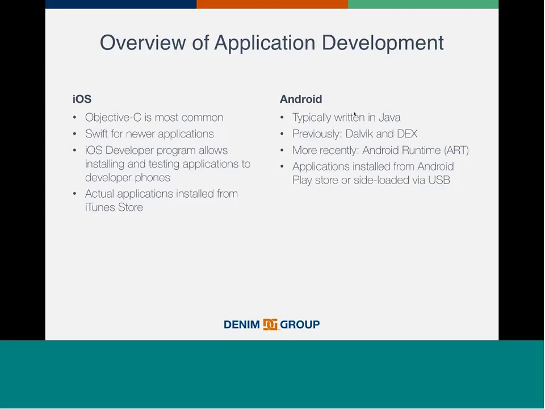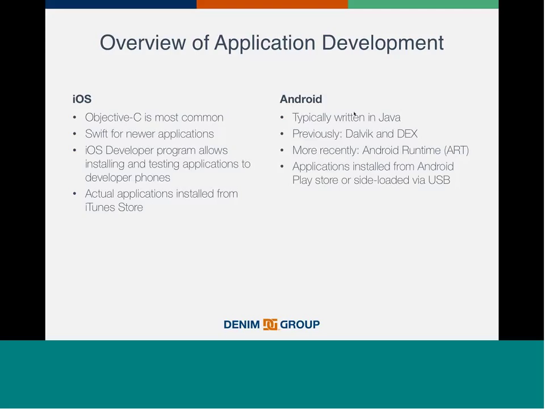applications are typically developed in Objective-C, compiled down to ARM machine code. Newer applications: Apple in 2014 released the Swift language. We've seen some uptake of that, and as we'll talk about later on, there are certain things from a security standpoint that Swift does better, or it makes it harder to cause problems than Objective-C.